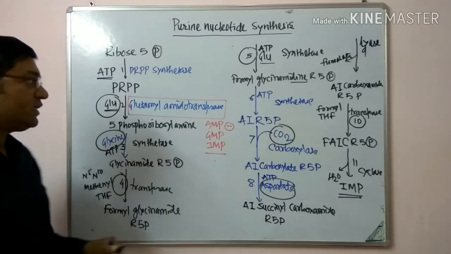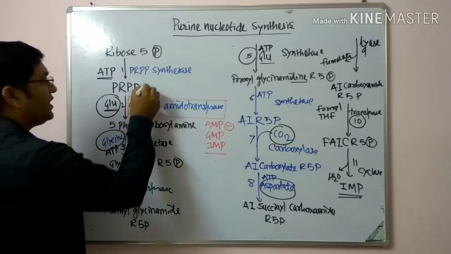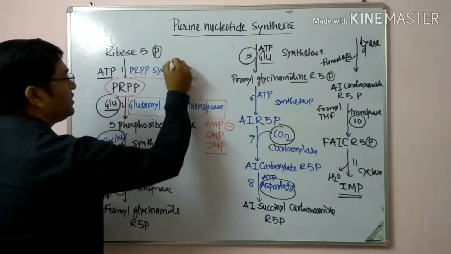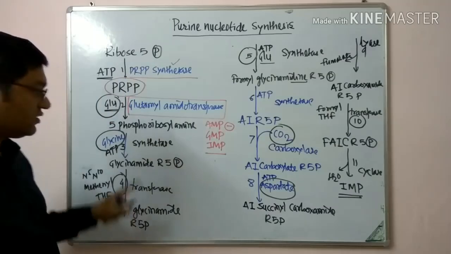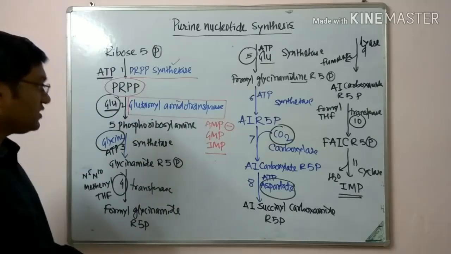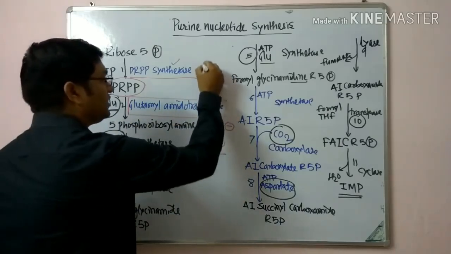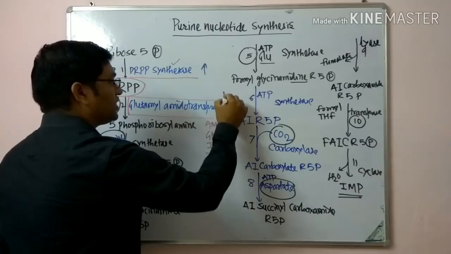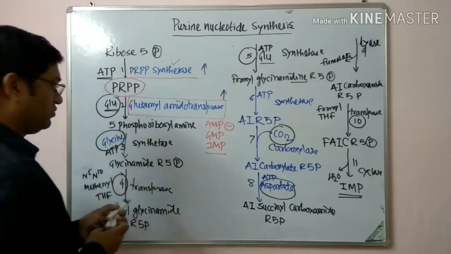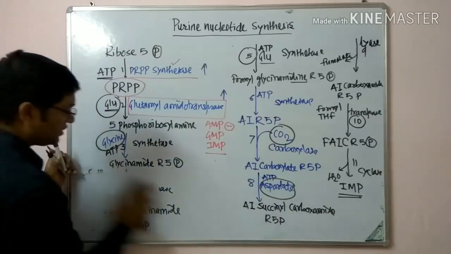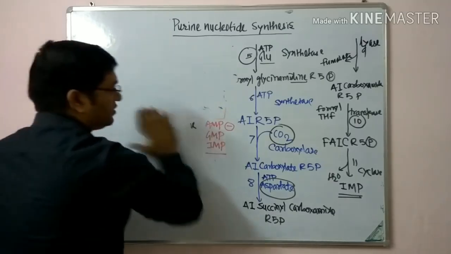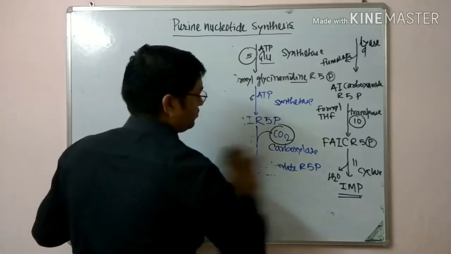Also, it is regulated by availability of PRPP, and this is also a regulatory enzyme in the purine nucleotide synthesis. So these two steps are important. There is increased activity of PRPP synthetase and glutamyl amidotransferase in primary gout. Now coming to the synthesis of GMP and AMP from the IMP molecule.